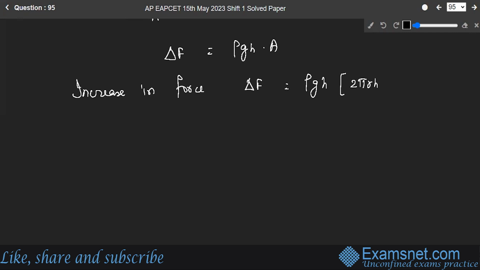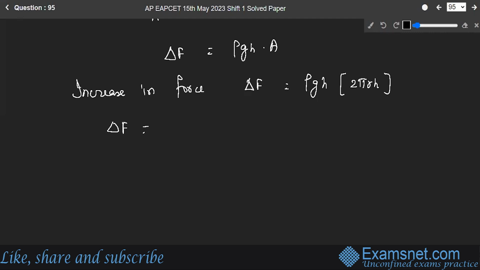What is area? This is 2 pi RH, because the blood vessel is cylindrical in shape. And the cylinder is open from both the ends, so I will not include the two open ends like pi r square from the top and the bottom. I will not include that area.